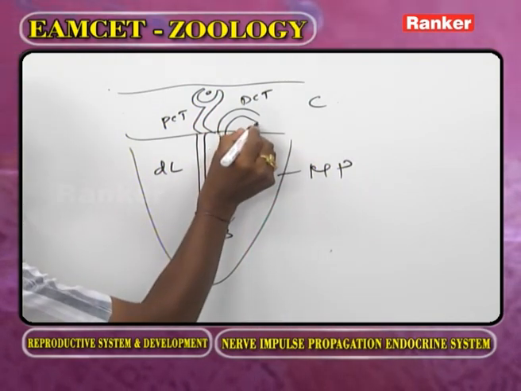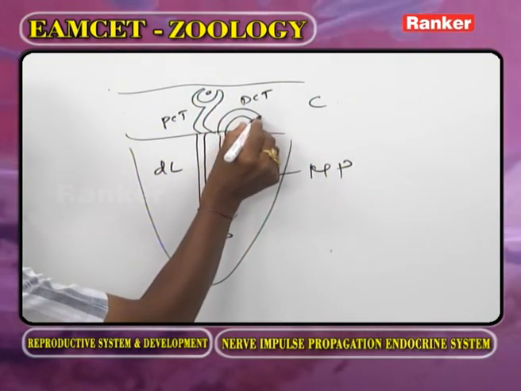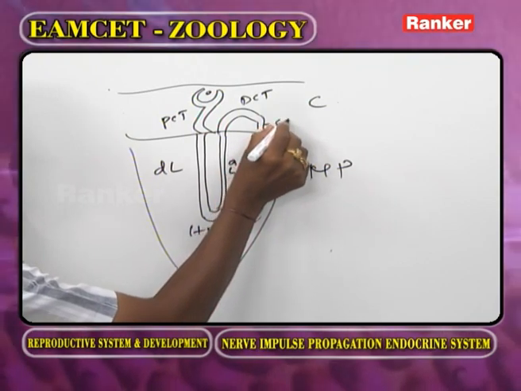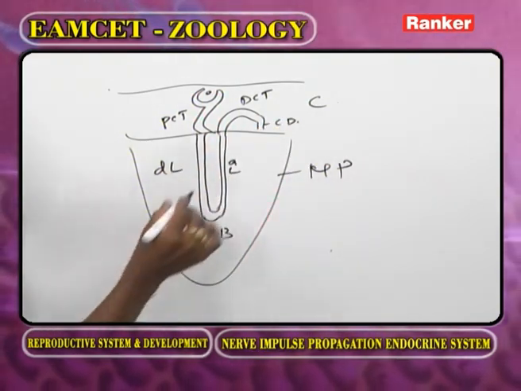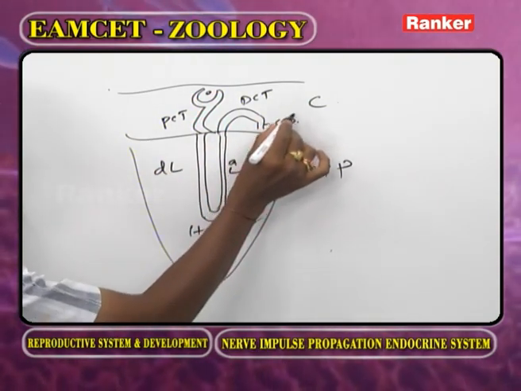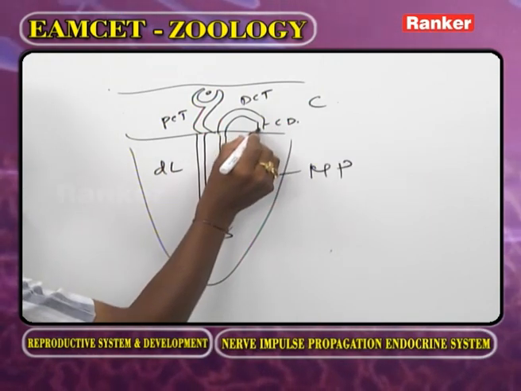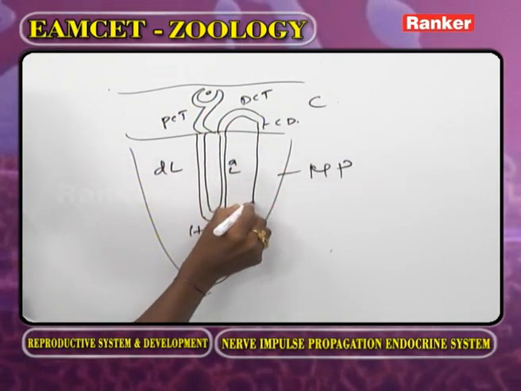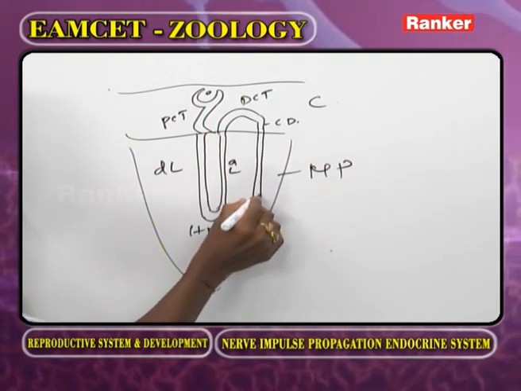This last part is the collecting duct. The collecting duct is present in the cortex and also extends into the medulla.